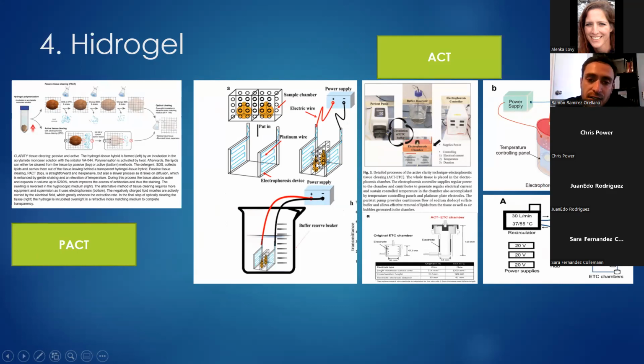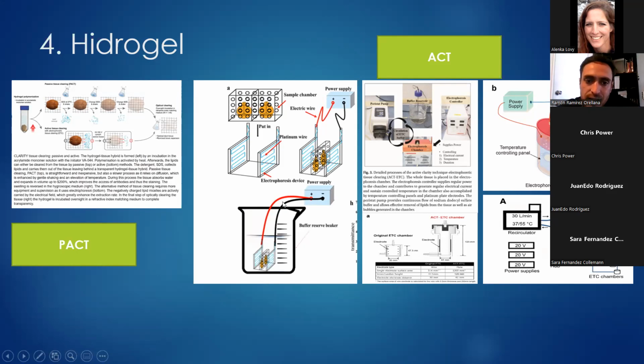se pone la muestra que está en el hidrogel en una electroforesis constante. Esto disminuye los tiempos para realizar el clarificado, pero tiene algunas contraindicaciones, como que genera muchas burbujas, los electrodos tienen que ser de platino, y es bastante caro realizar este tipo de técnica.